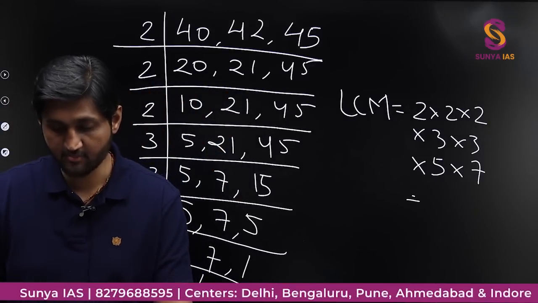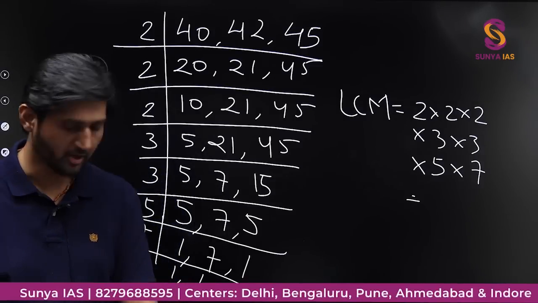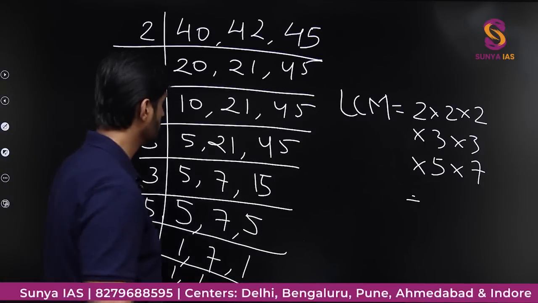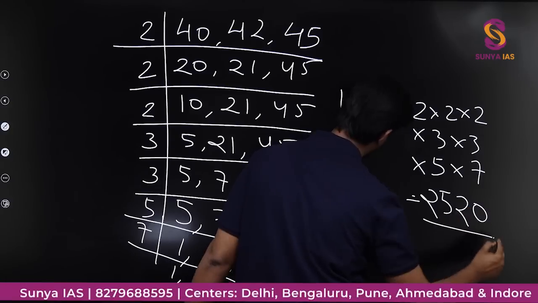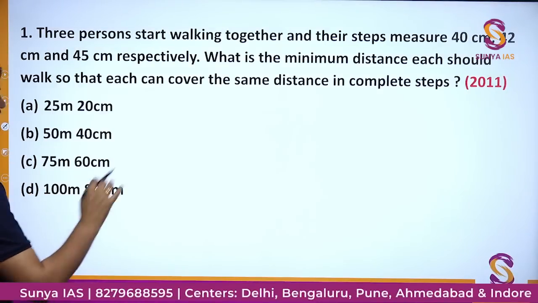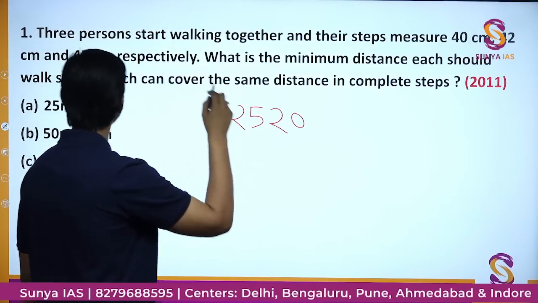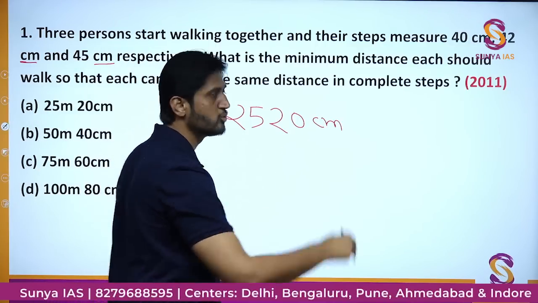And that final number will have the value 2520. On multiplication, we will get the value 2520. So here back in the question, we get the value to be 2520, and since the units initially are centimeter, this answer will also be in centimeter.